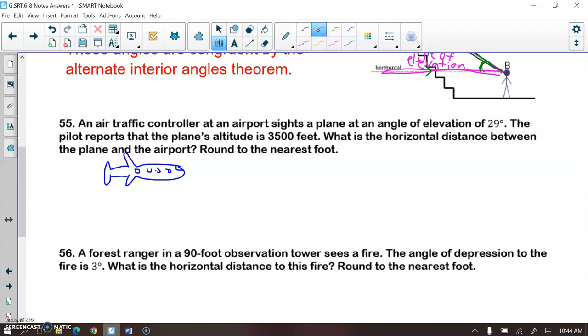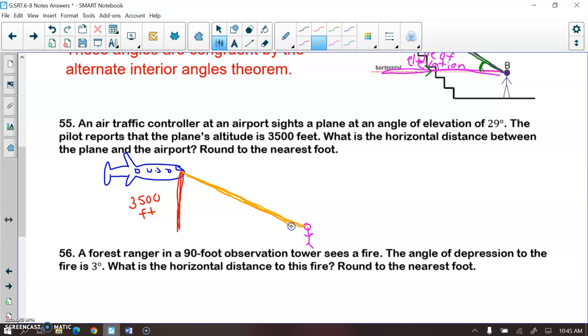The plane's altitude is 3,500 feet. And the air traffic controller, which is this person here, is looking up at the plane in the air, and that's their line of sight.